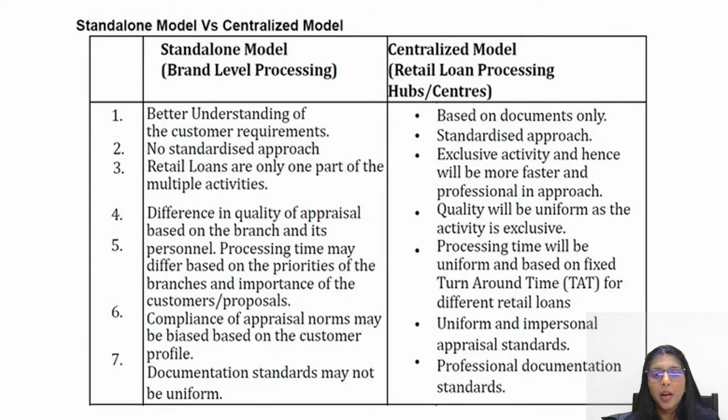Branches mainly focus on customer acquisition and services. Why is it beneficial? It is cost effective, with better risk control and standardized service. That is why the centralized model is beneficial. Note this difference, it is quite important. Let's do some questions.